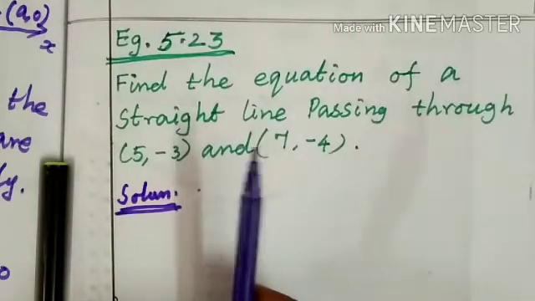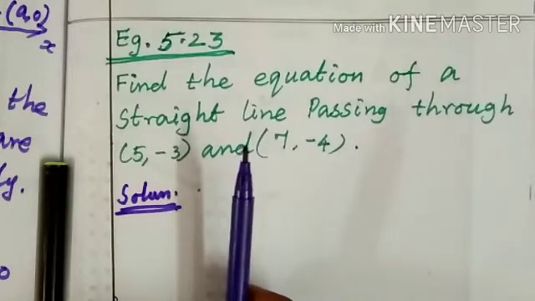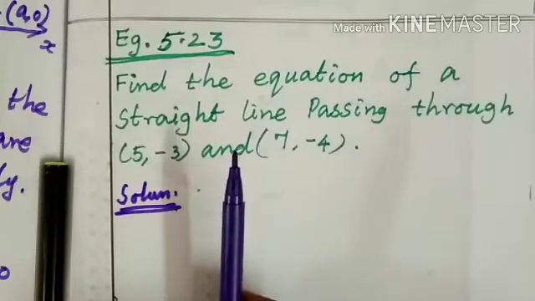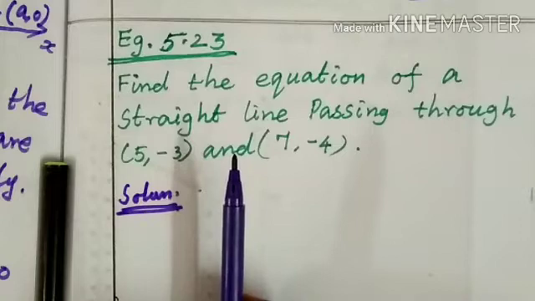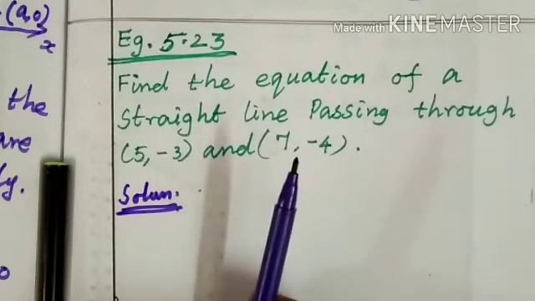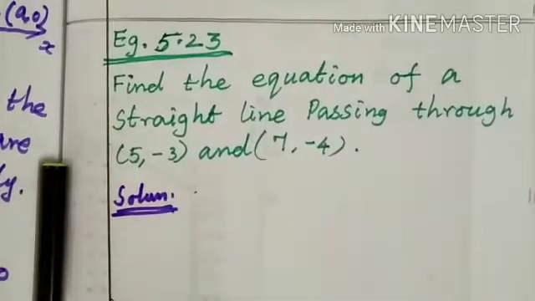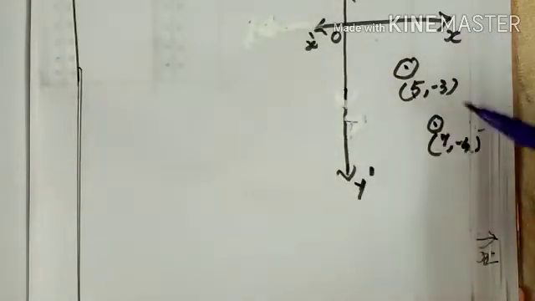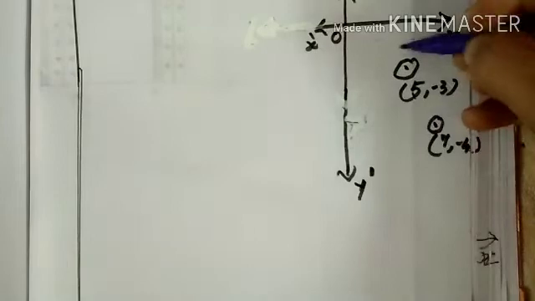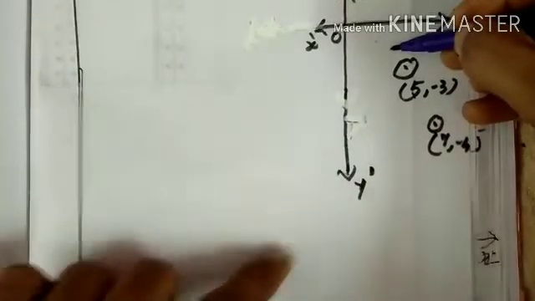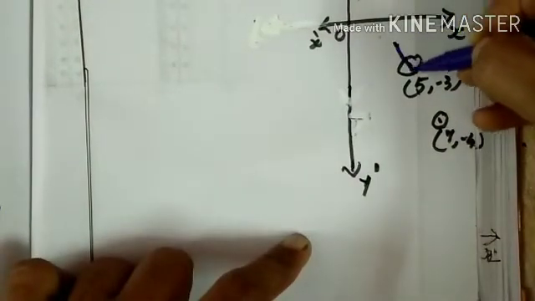Yes, 2-point form. That is y minus y1 by y2 minus y1 is equal to x minus x1 by x2 minus x1. First you draw the fourth quadrant and plot the given points. Now join these points, means we get a straight line.